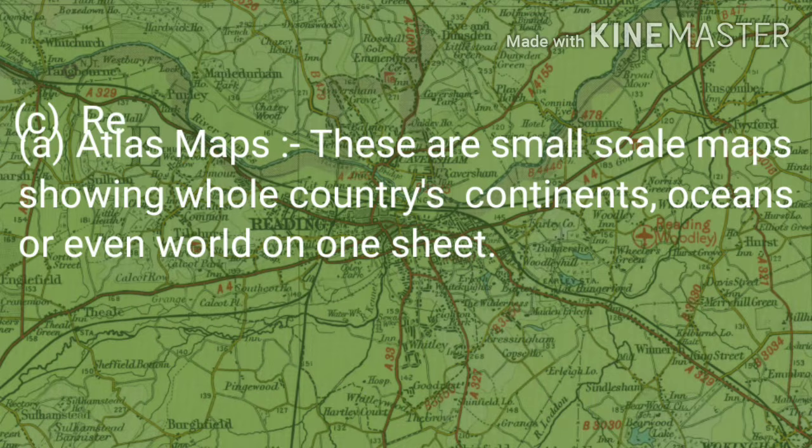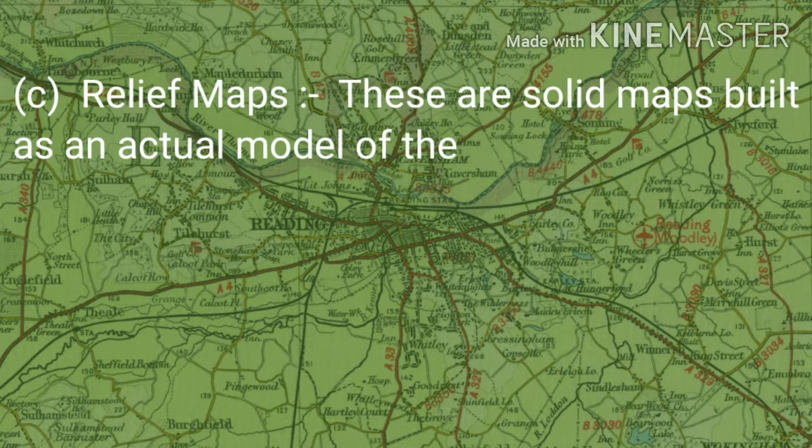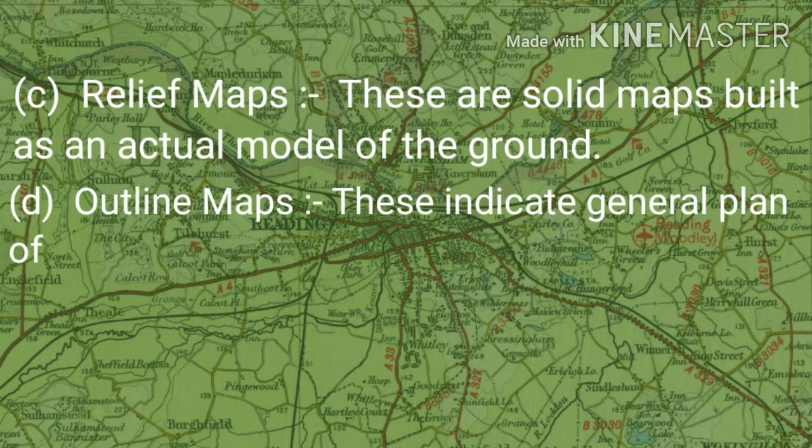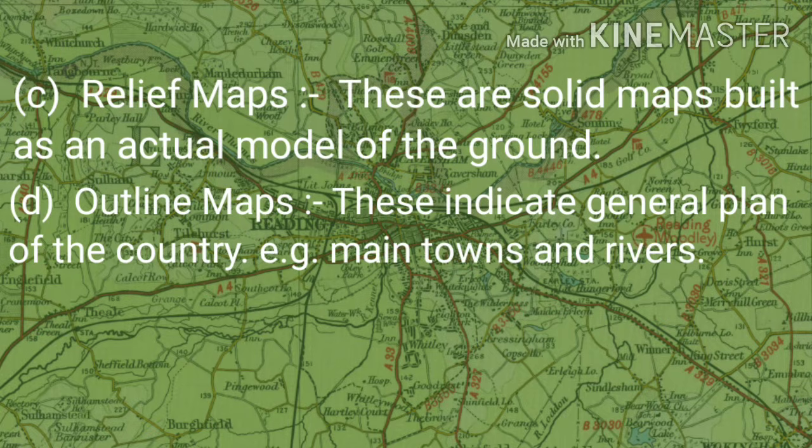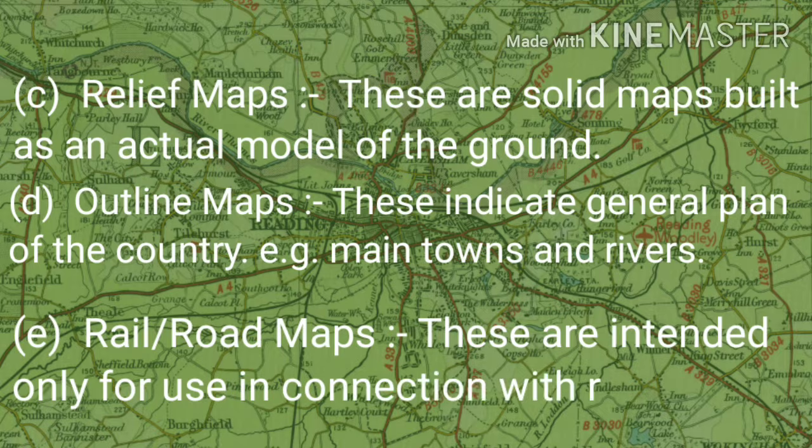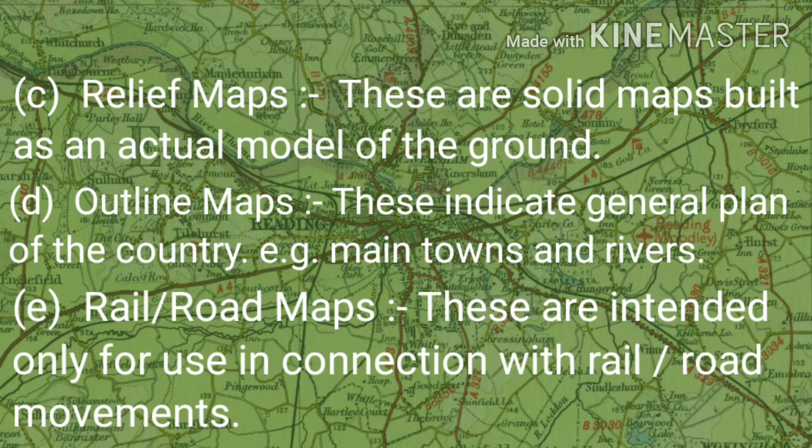അടുത്തത് relief maps. These are solid maps built as an actual model of the ground. Then outline maps. These indicate general plan of the country. Example, main towns and rivers. Then rail or road maps. These are intended only for use in connection with rail or road movements.